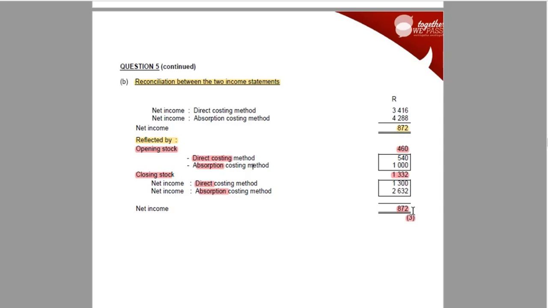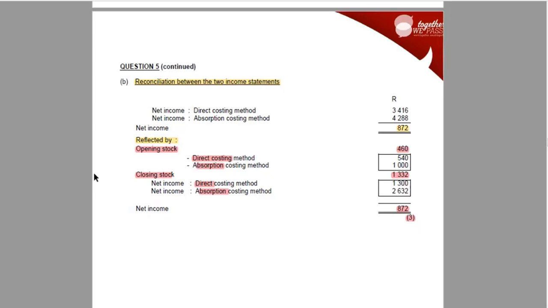Then your movement between the two would be the reason why you have this difference. Any question on that? I know most of you didn't even get to this part, but you see how when you have your exam technique intact, this 3 marks should be easy for you to get. It's 3 marks. Any questions on this?